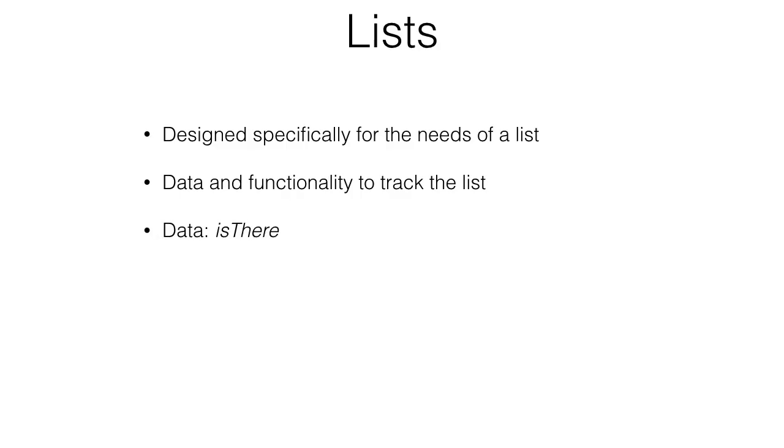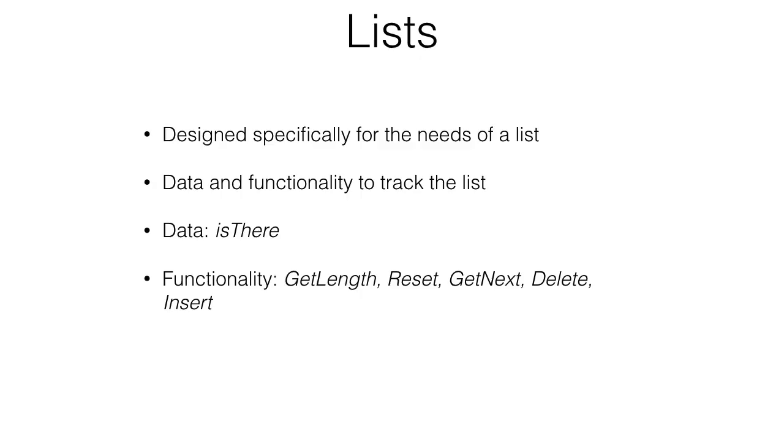All right, so let's take a look at this. Data is there. Well, that's one of them. You'll be able to see by looking at the is there, if a specific item on the list is there, right? How about some functionality? We could do things like GetLength, reset, GetNext, delete, insert, and so on.